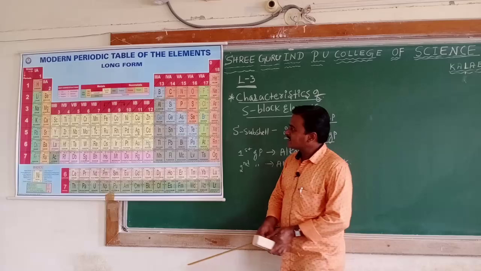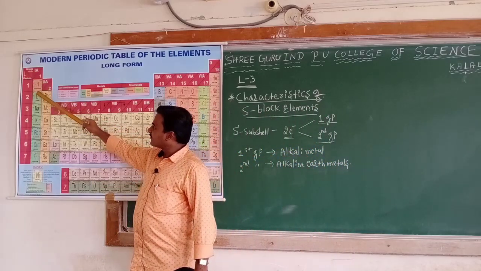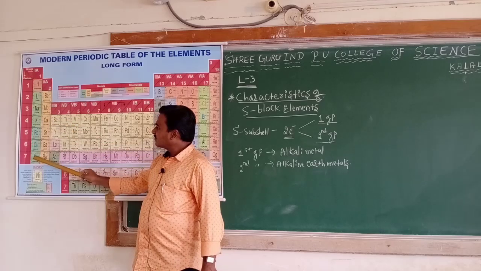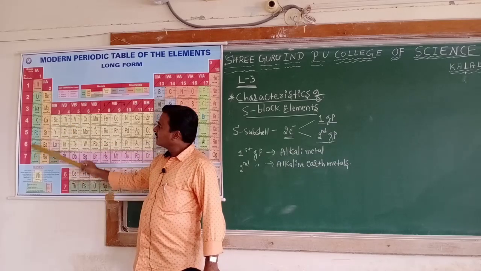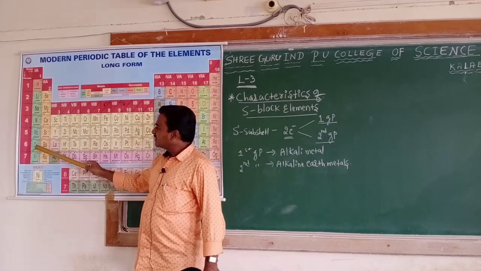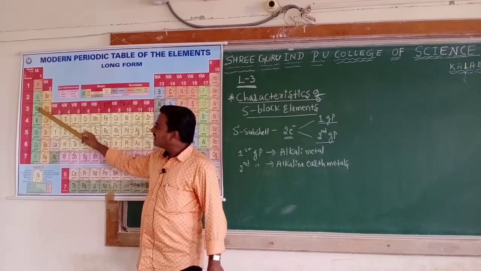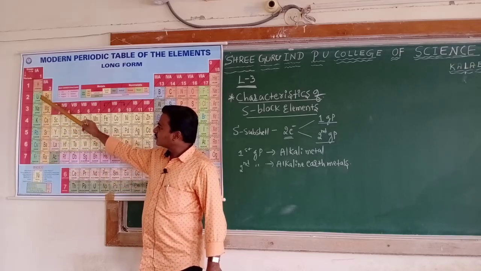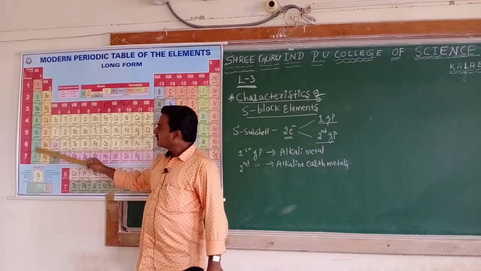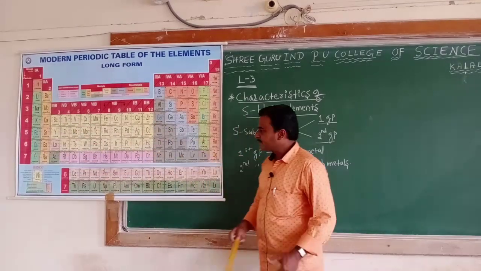Group 1 elements, as you can see in the periodic table, are from lithium to francium: lithium, sodium, potassium, rubidium, cesium and francium, which are said to be alkali metals.